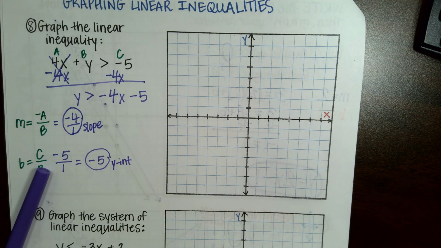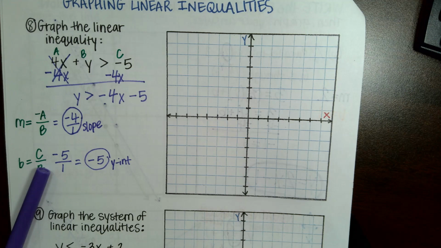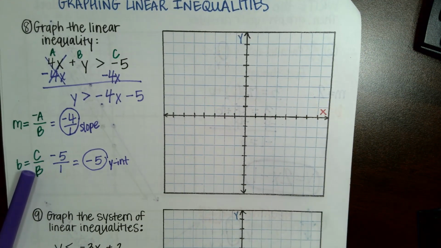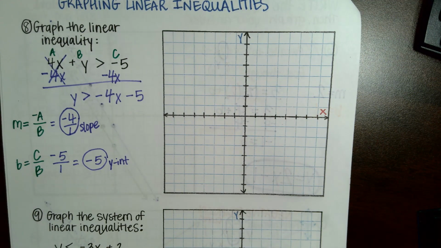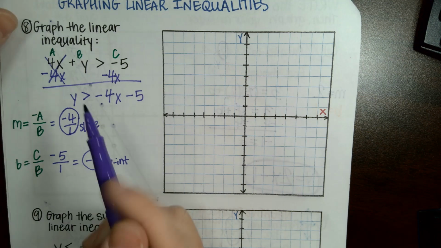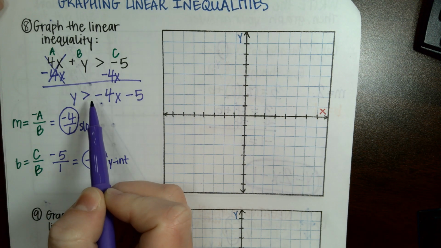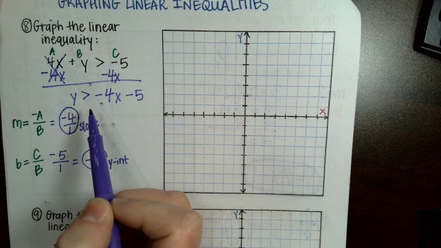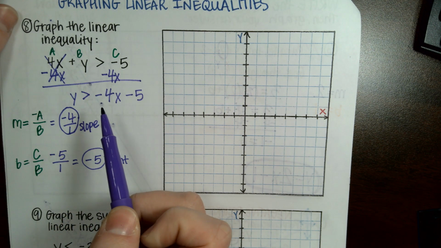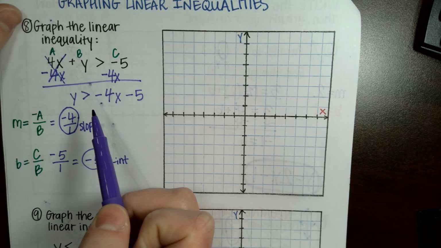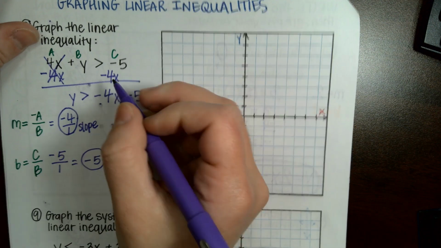And let me pause this real quick. All right, so we have our points that we can graph. First of all, let's look at our symbol here. What symbol do we have in our inequality? Greater than. So are we going to have a solid line or a dotted line? Dotted.